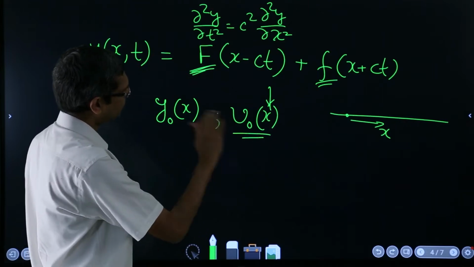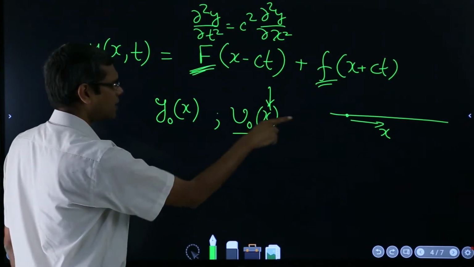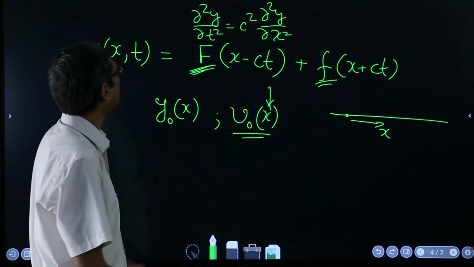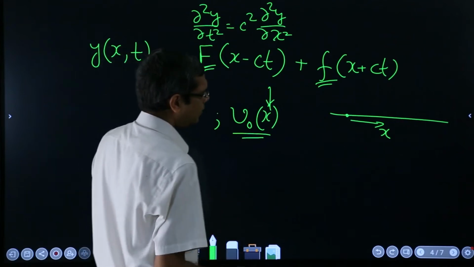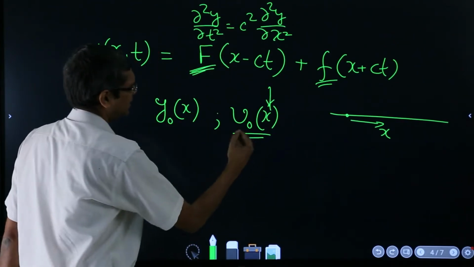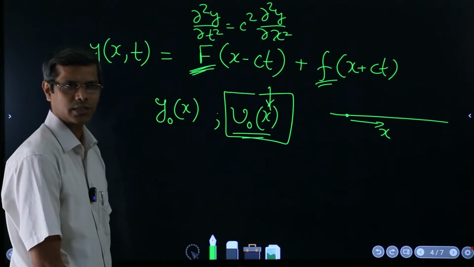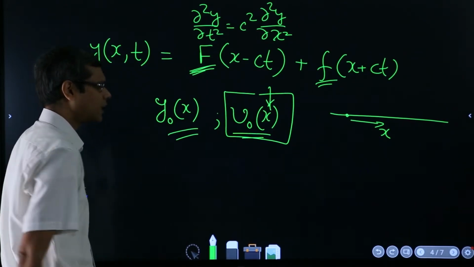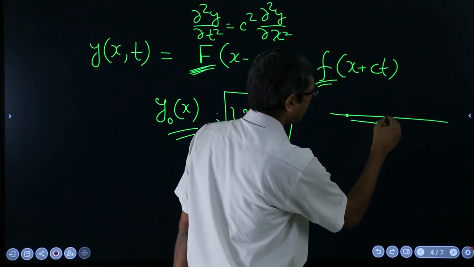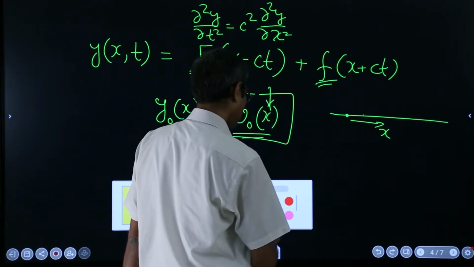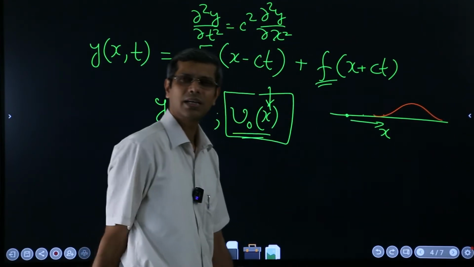Okay. Now if this is an infinite string and we start with some function like this, what would be the shape of them? See, the velocity condition is difficult anyway, so let's start with this, easier to tackle. So if I give a particular shape, maybe like this, right.